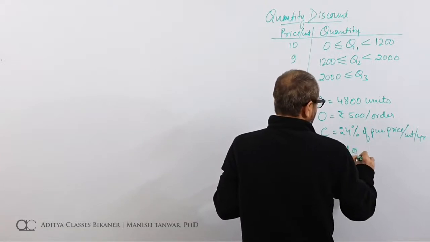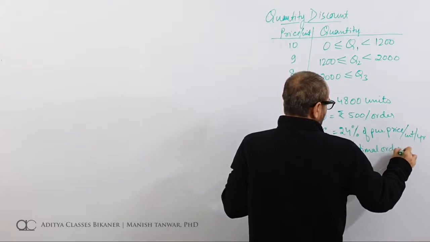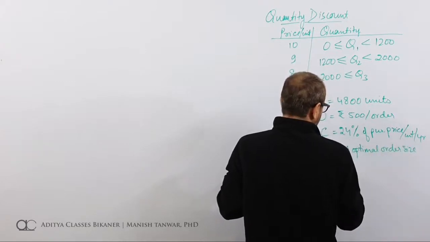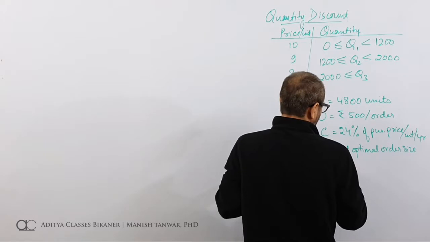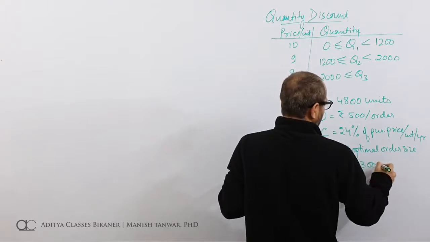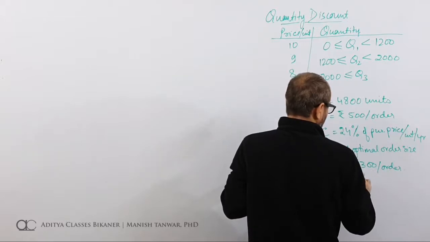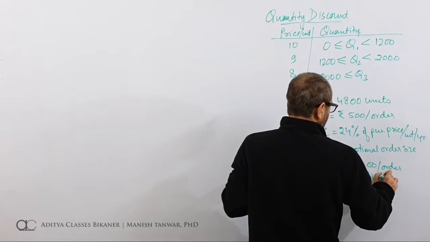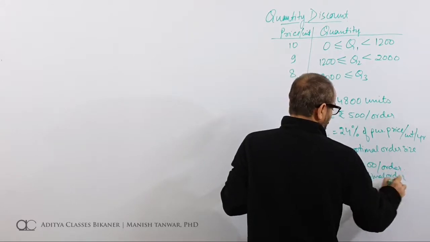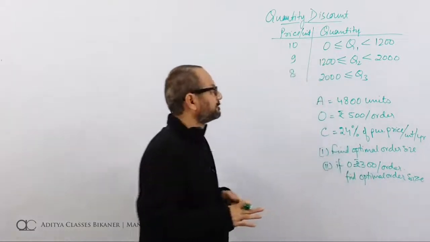And second, if the ordering cost is changed to 300 per order, find the optimal order size. So this is the scenario we have.